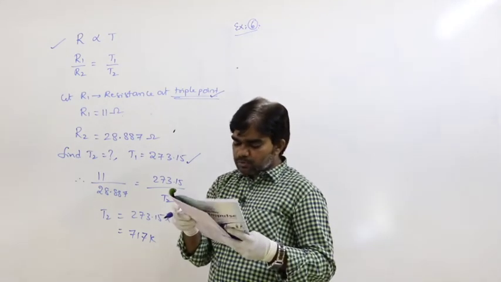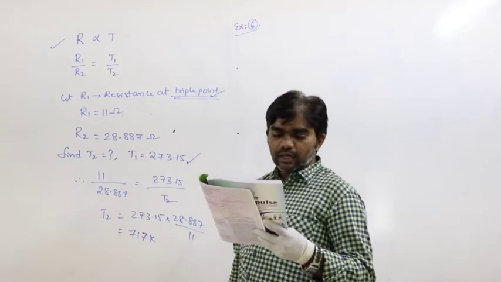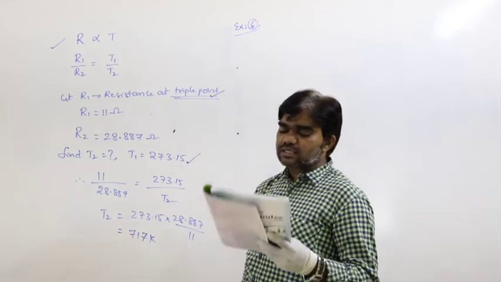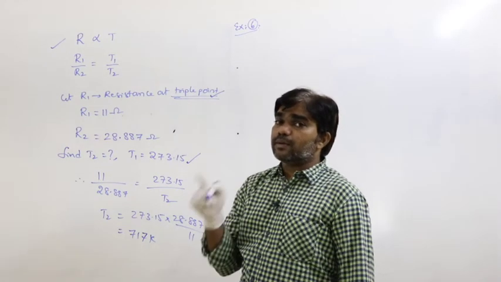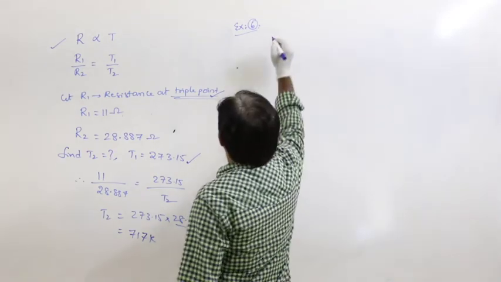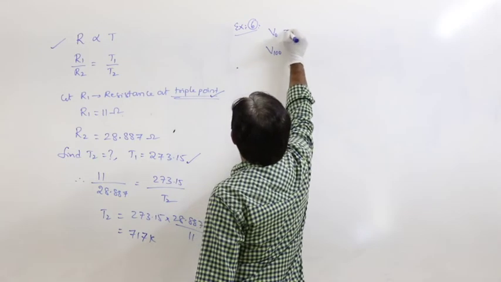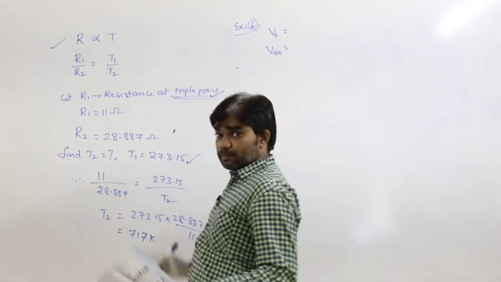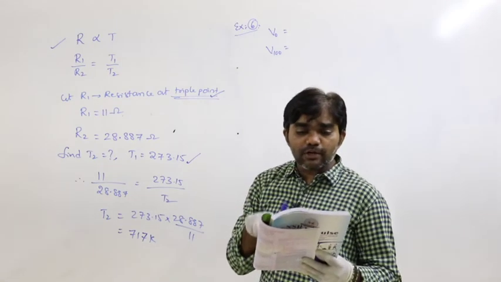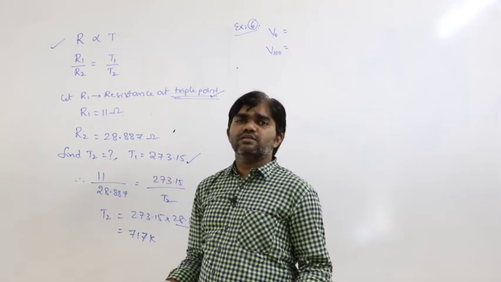The readings correspond to the ice point and steam point for a constant pressure gas thermometer. Pressure is constant. What is the variable? Volume is variable. He is mentioning a constant pressure gas thermometer, so pressure remains constant and volume varies.